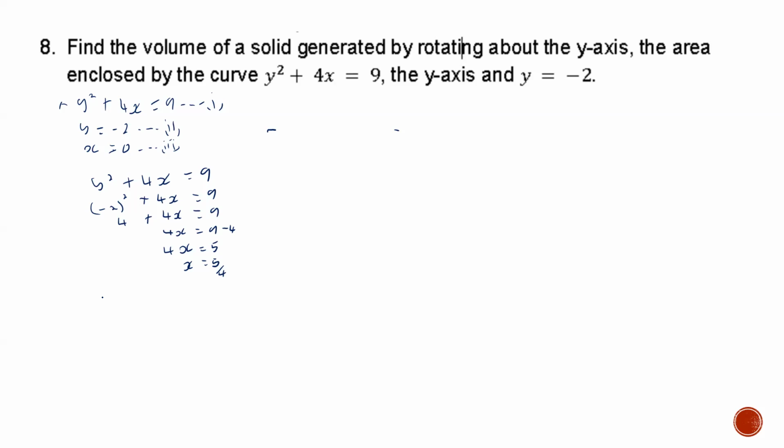Then I have y squared plus 4x is equal to 9. Now I'm going to use equation 3, x is equal to 0. So that will be y squared plus 4 is equal to 9. So this will be y squared is equal to 9.